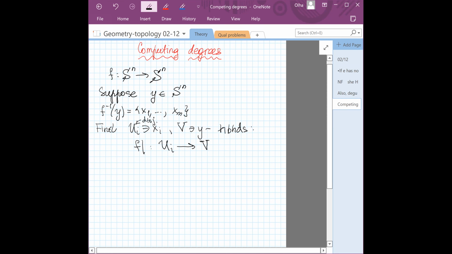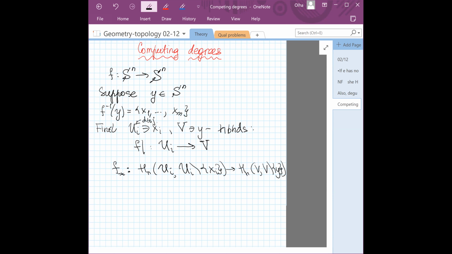Since we can restrict to Ui, we can also restrict f star to the local homology groups.